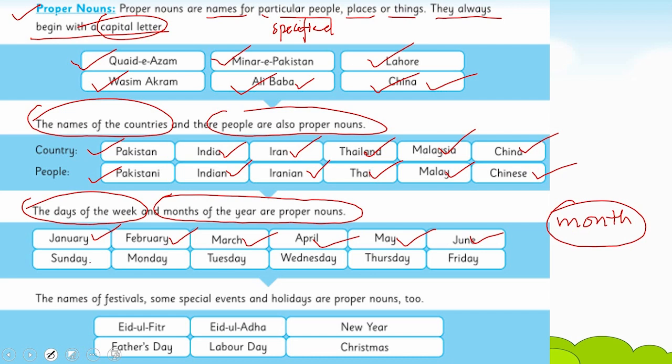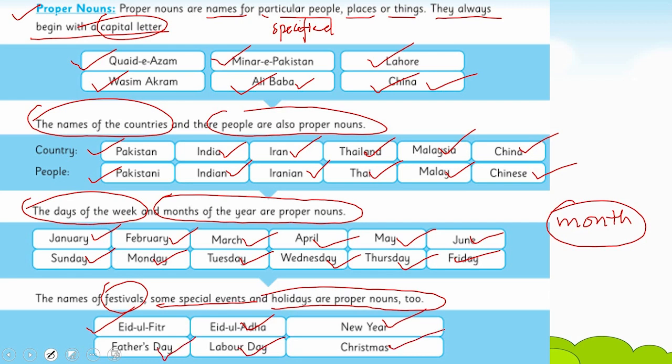And days, Sunday, Monday, Tuesday, Wednesday, Thursday, Friday, they all are proper nouns. Now the names of festivals, special events and holidays are also termed as proper nouns. Eid al-Fitr, Eid al-Azha, New Year, Father's Day, Labor Day and Christmas, they all are proper nouns.